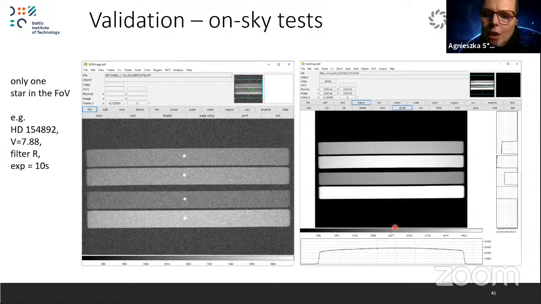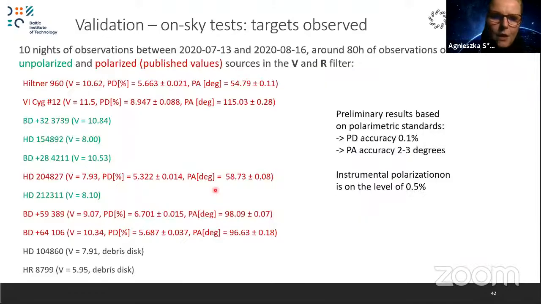Since each stripe has a different level of intensity, you need to cut stripe by stripe to perform proper photometric analysis and to get proper master flats for each single stripe.